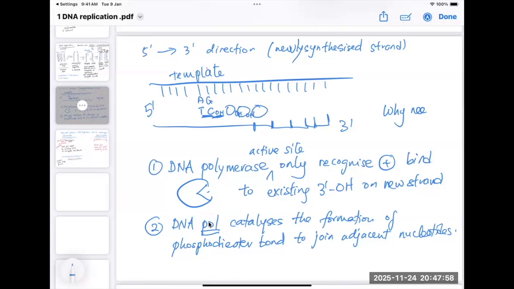Is it important to say catalyzers? Yes, after the word enzyme it is always catalyzed. So it's an enzyme. DNA polymerase is an enzyme.